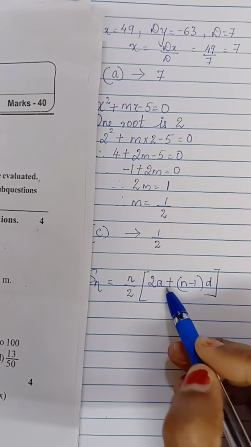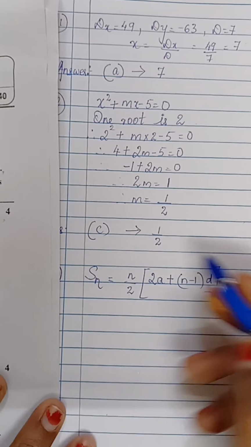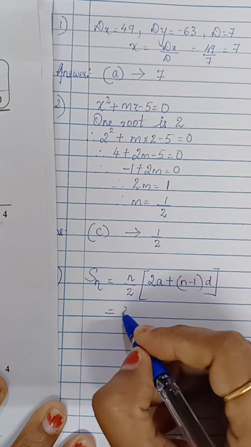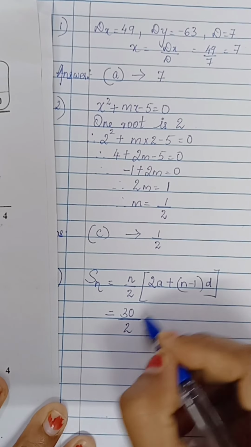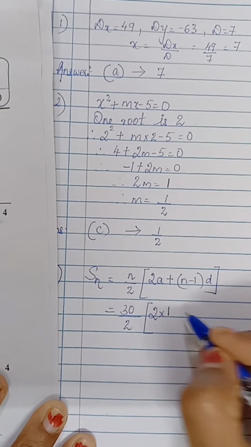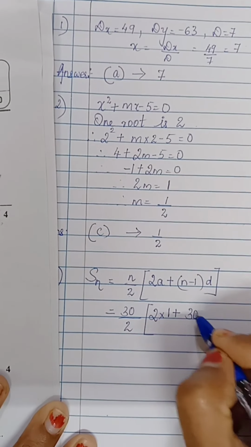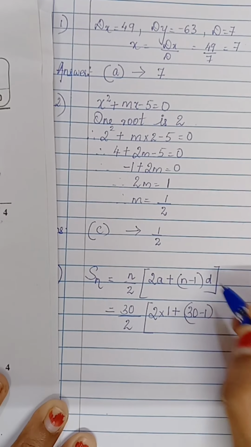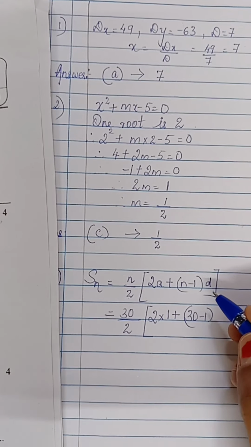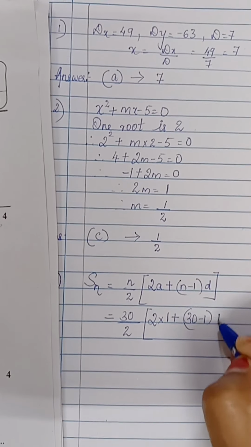2 into 1 plus, again n is 30. So when I substitute, first 30 natural numbers, so n is 30 upon 2. First natural number is 1, so in place of a, 1 plus 30 minus 1 into d. What is the common difference? 1, 2, 3, 4, 5, 6 are the natural numbers, so the common difference between them is 1.